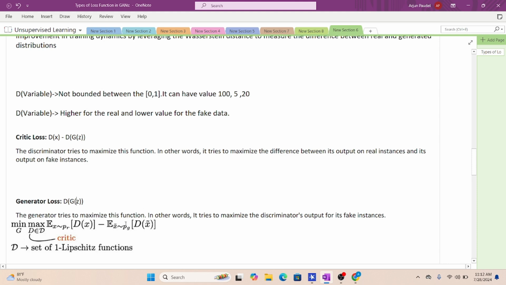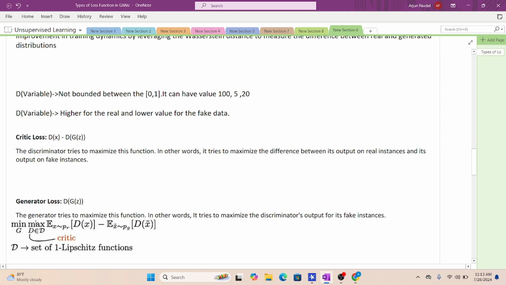We are minimizing it because if this output is high, as close to this, the difference will be minimum. So we want to keep this as high as the value for the real instances, so its value will become higher. And this value is higher because this is a real instance, so the difference will be minimized.